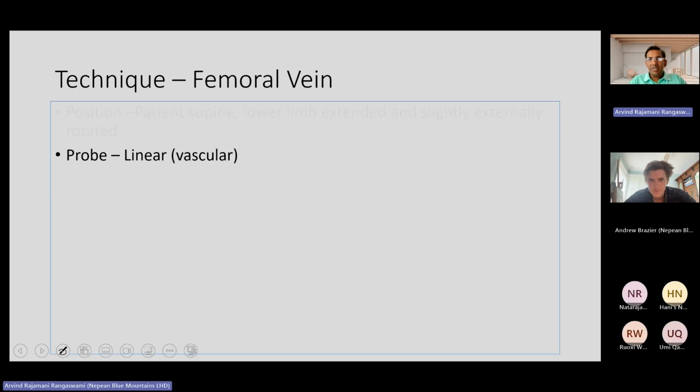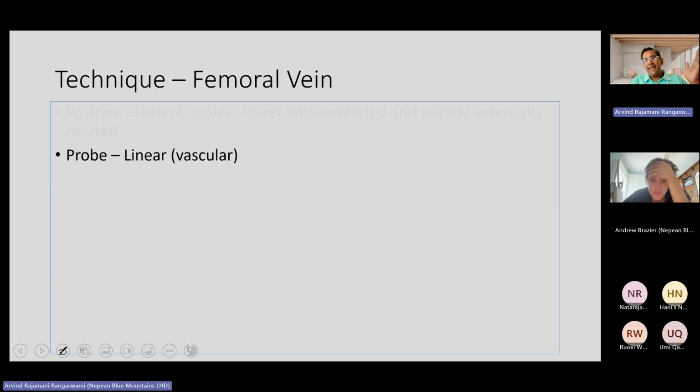You might need the curvilinear probe, which has the same characteristics as the vascular probe, but the depth setting of the curvilinear abdominal probe lets you scan a much deeper depth. If you have our obese patients, then choose that probe instead. Okay, particularly for the thigh.